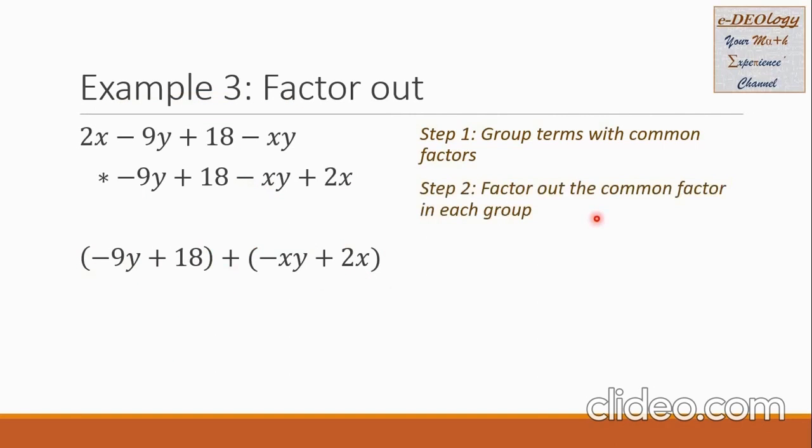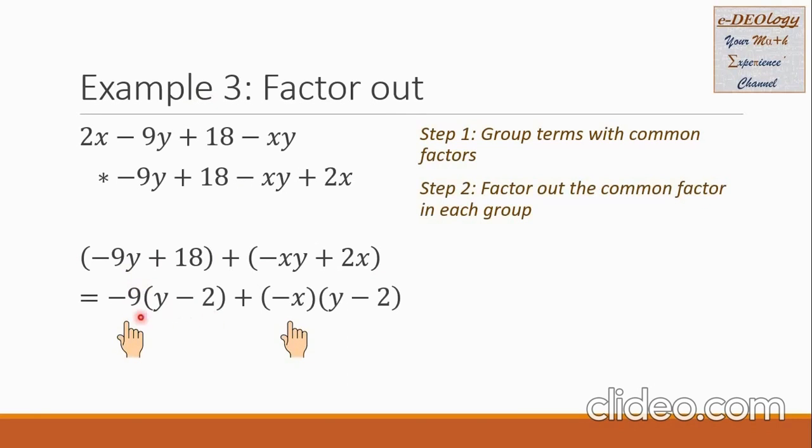And step 2, factor out the common factor. In the first group, the common factor is 9. But I want this variable y to be positive, so I should pull out negative 9. And if I do that, the remaining terms inside here should be y minus 2.